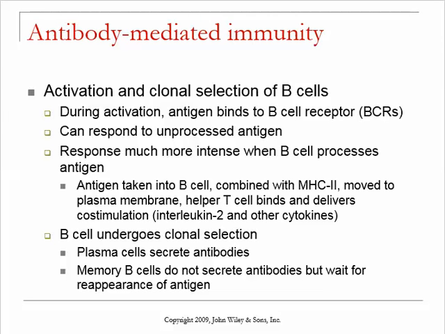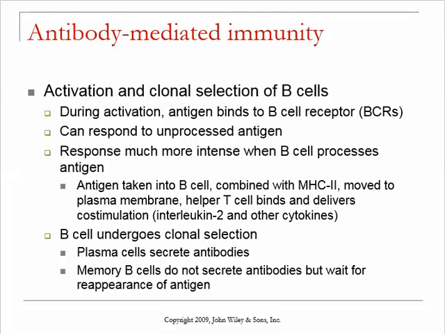But what will happen is that when the B cell becomes activated, it undergoes clonal selection and makes identical copies of itself. And again, there are memory cells that don't have anything to do with this round of infection, and there are the action cells, the activated cells.